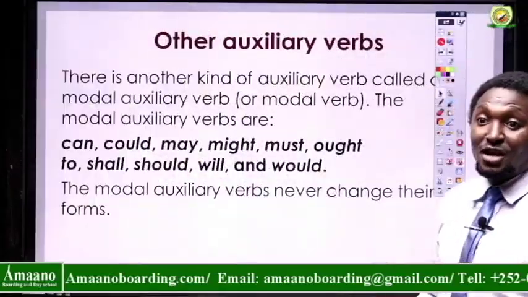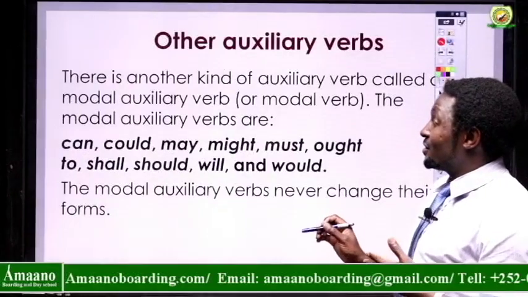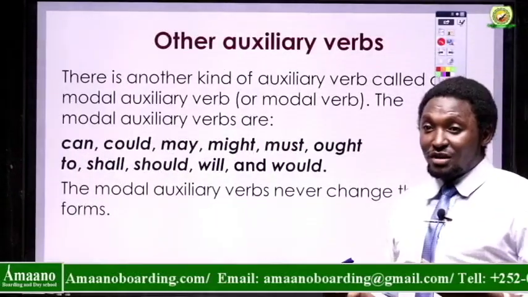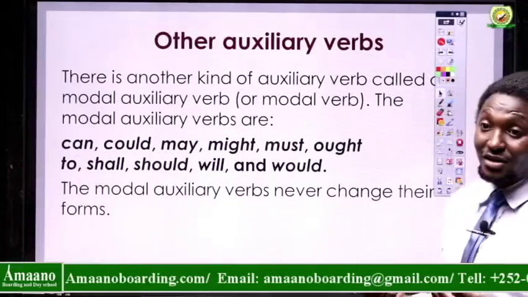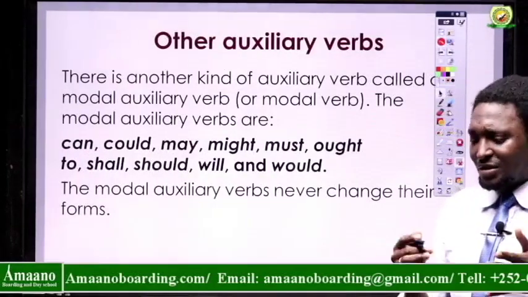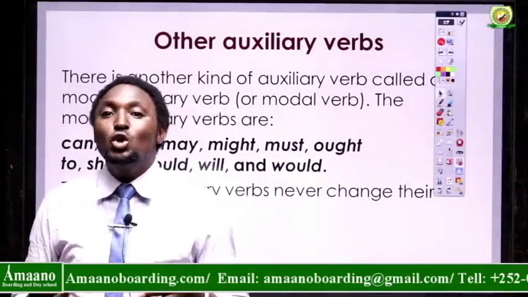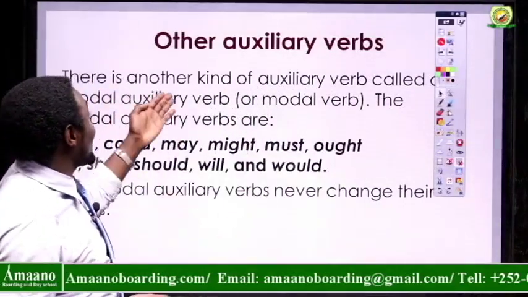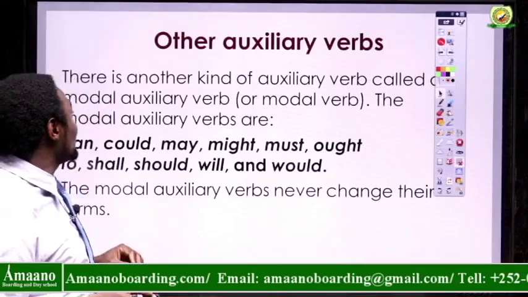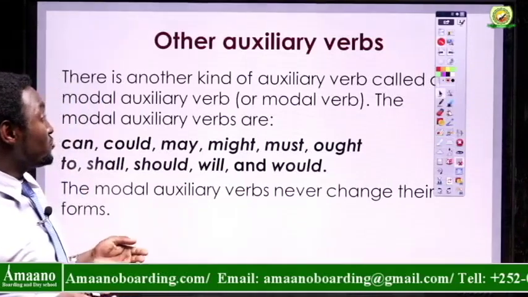Other auxiliary verbs. Now this is what we are going to learn in the next lesson, because we have other auxiliary verbs which are very important, and they are called modal verbs. There is another kind of auxiliary verb called modal auxiliary or modal verb.